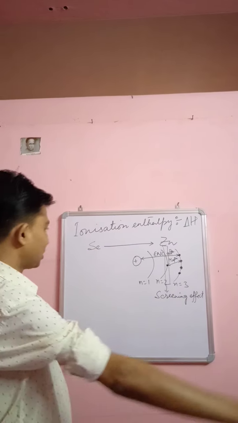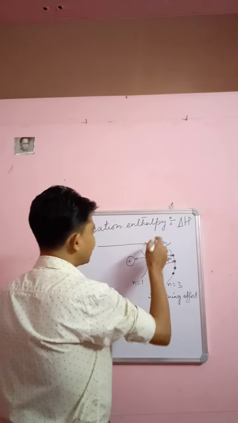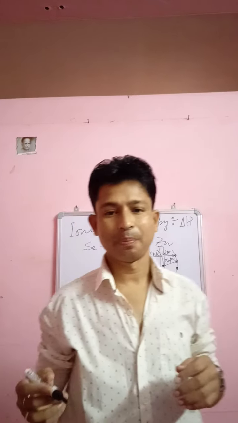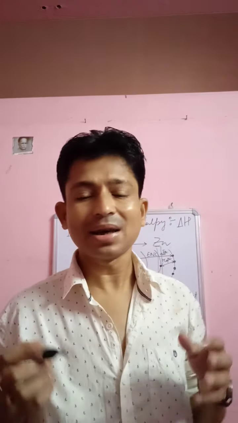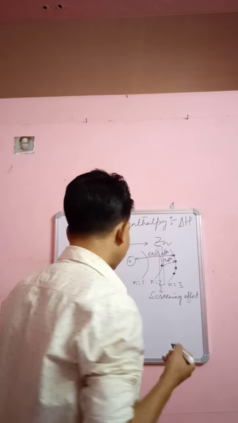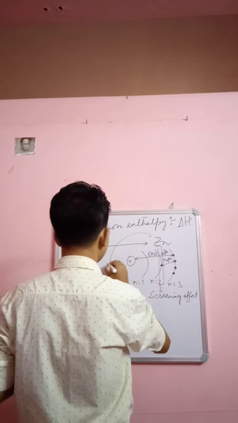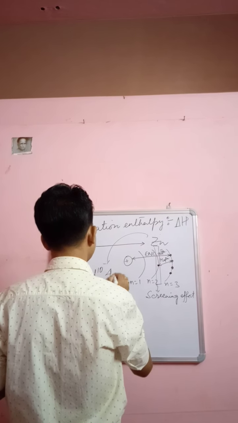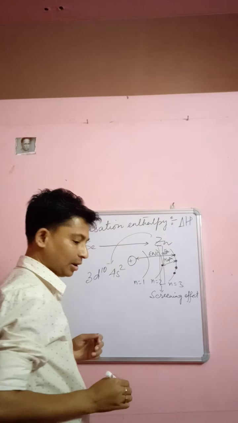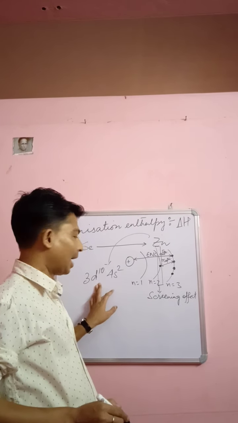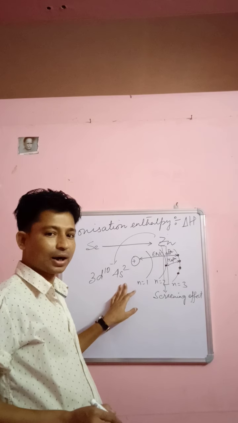Now what happens when we go to zinc? Suddenly there is an increase in ionization enthalpy. Why? Because we know that zinc has the configuration 3d10 4s2. See, d10 is a stable configuration, and s2 is also a stable configuration.